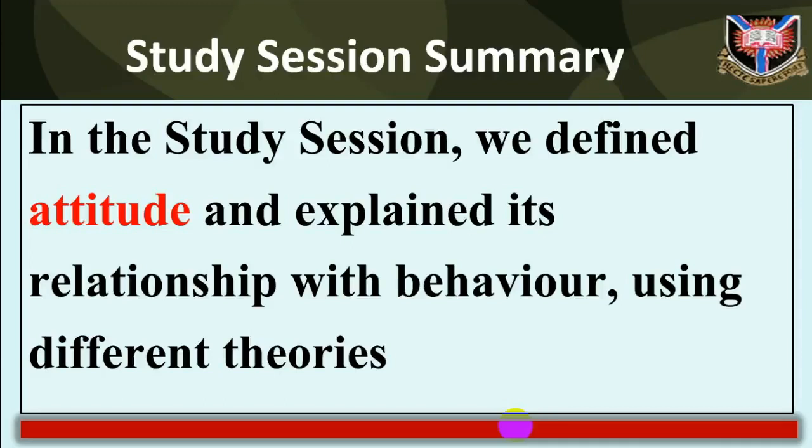The study session also discussed theories explaining the relationship between attitudes and behavior. Cognitive dissonance theory is based on the idea that people experience dissonance or discomfort when attitudes and behavior are inconsistent.